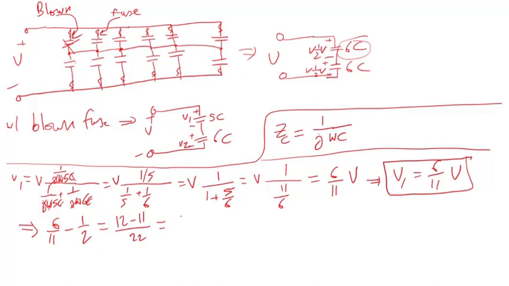So it is 1/22 of the total voltage V. If you do the math, that comes to 4.54%. In other words, the voltage increased by 4.54%. So you have an overvoltage across the side with the blown fuse.